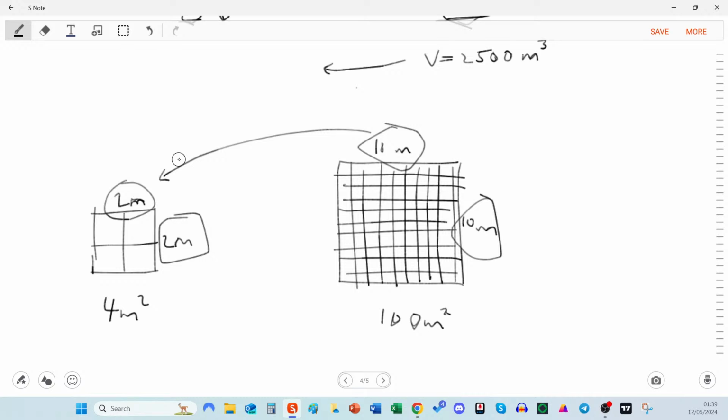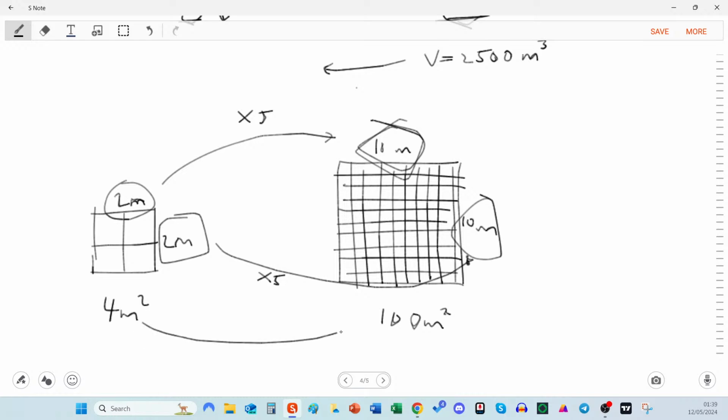Let's say we're going the other way now. If I'm going up to here, we're not going to multiply it by just 5 because one number got bigger. You're going to multiply the second dimension by 5 as well. So in fact, when we're going across area, it's the scale factor squared because it's 2 dimensions to multiply.